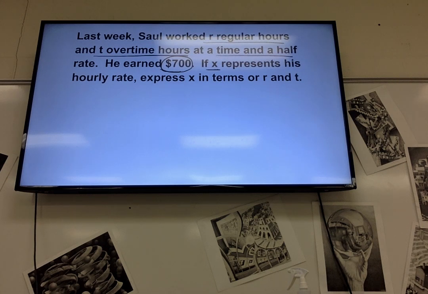Express X in terms of R and T. It's basically what we just had, only we're plugging in letters instead of numbers. I'll give you a second to write down what you need there, and then we'll do this one together.